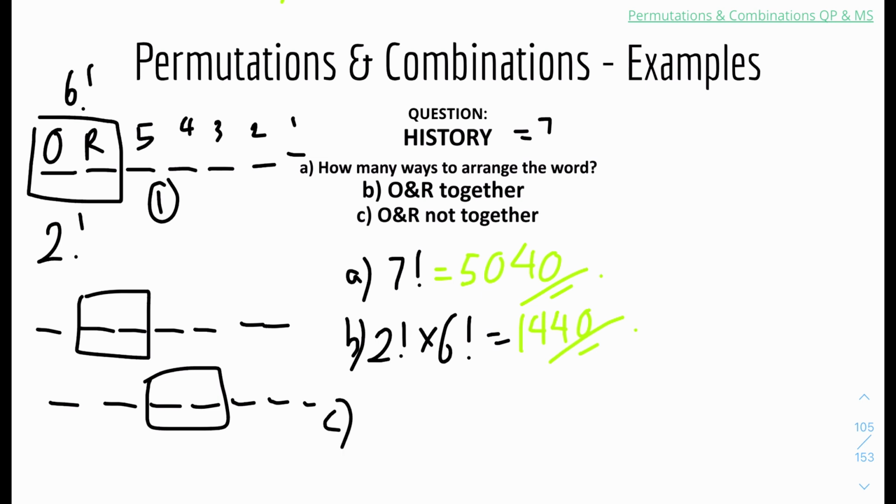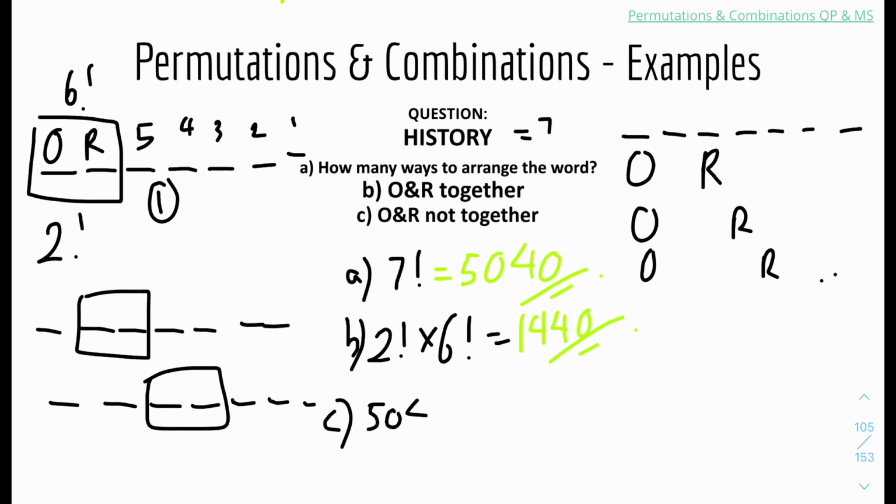And number 3, where O and R are not together. So what you could do is just draw 1, 2, 3, 4, 5, 6, 7, and find all the ways when O and R are not together. But it would take way too long. So one really nice trick is that you can use the total arrangement for the letters, which is part A, 5040, minus the number of times when O and R are together, which is part B, 1440.